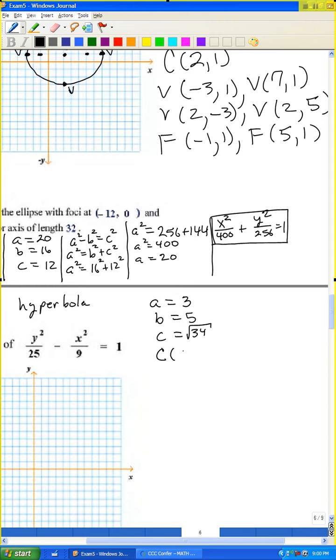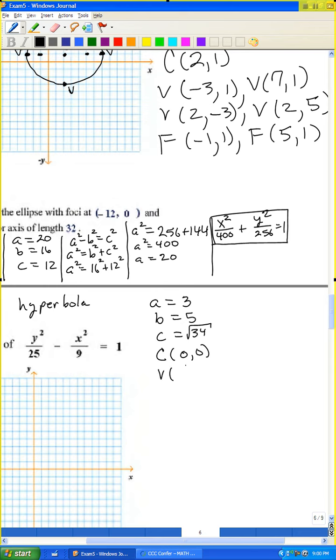The center of this hyperbola is at the origin. The focal axis will be along the y-axis, since there's a plus in front of the y.